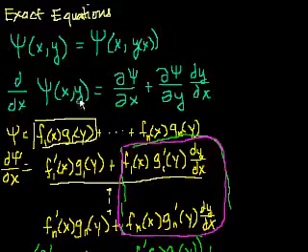If y was independent of x, then dy dx would be 0, and this term would be 0, and then the derivative of xi with respect to x would be just the partial of xi with respect to x.